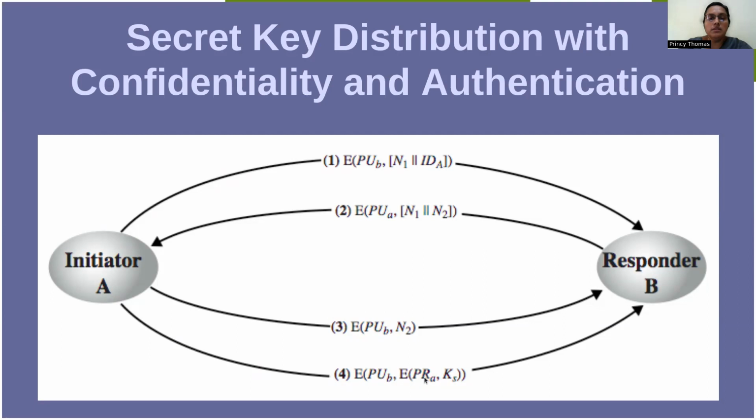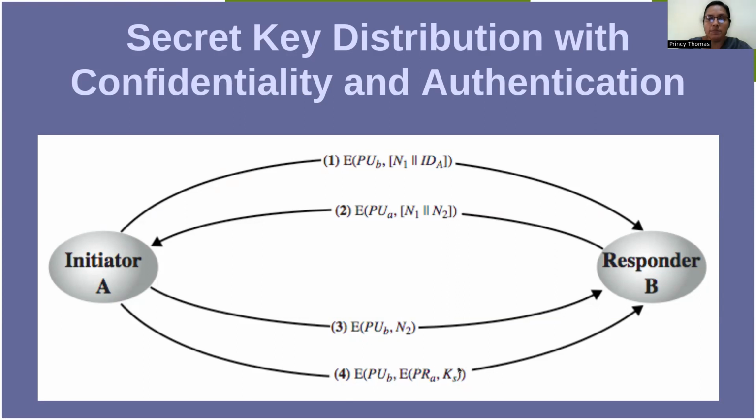And along with that, he also sends the key encrypted using the private key. He's signing, using a digital signature. So he signs the key using PR of A, and he encrypts the whole package, this encrypted message, with the public key of B. When B receives it, first he will ensure that N2 is correct, that this is not a replay attack. Then he will use his own private key and get this message, which is once again signed by A's private key.